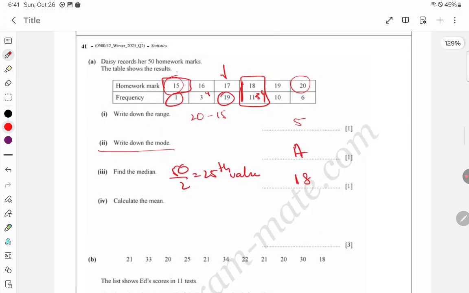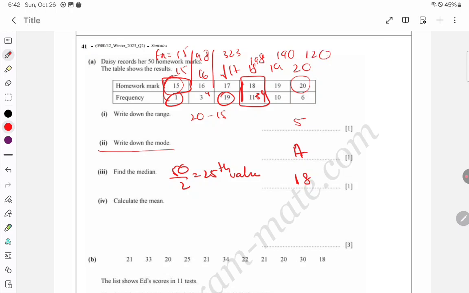The x values are 15, 16, 17, 18, 19, 20, multiplied with the frequencies. 15 for fx is 15, 16 into 3 is 48, 17 into 19 is 323, 11 into 18 is 198, 10 into 19 is 190, and 20 into 6 is 120.